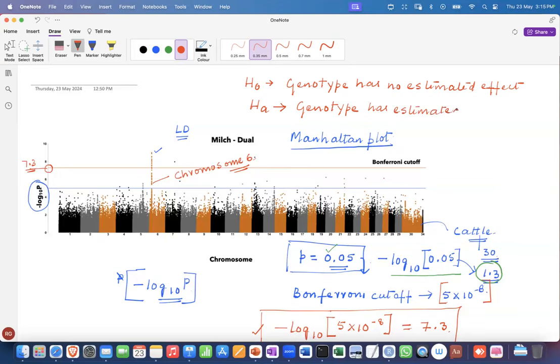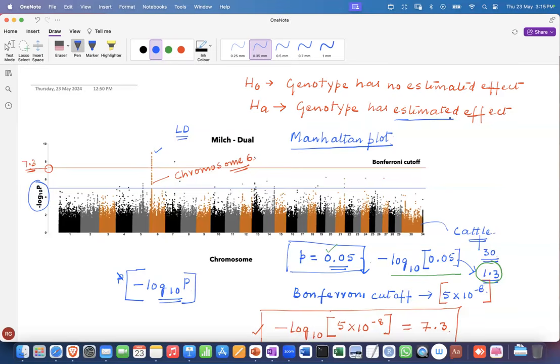Can anyone tell me why I am purposefully writing it as estimated effect and not as effect directly? I should have written genotype has no effect, but I have written genotype has no estimated effect.